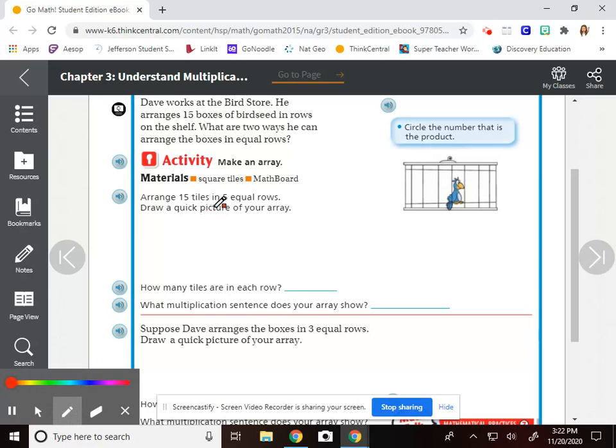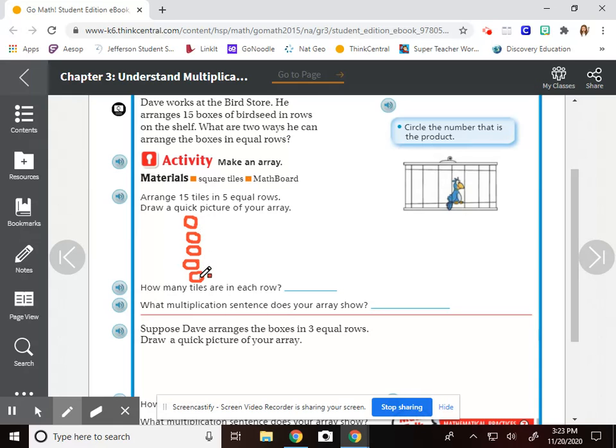Okay, so if he has 15 tiles and we want to arrange them in 5 equal rows, rows go from left to right. So if I want 5 equal rows, I want to make one column of 5 counters. And then I'm going to continue making counters until I count up to 15.